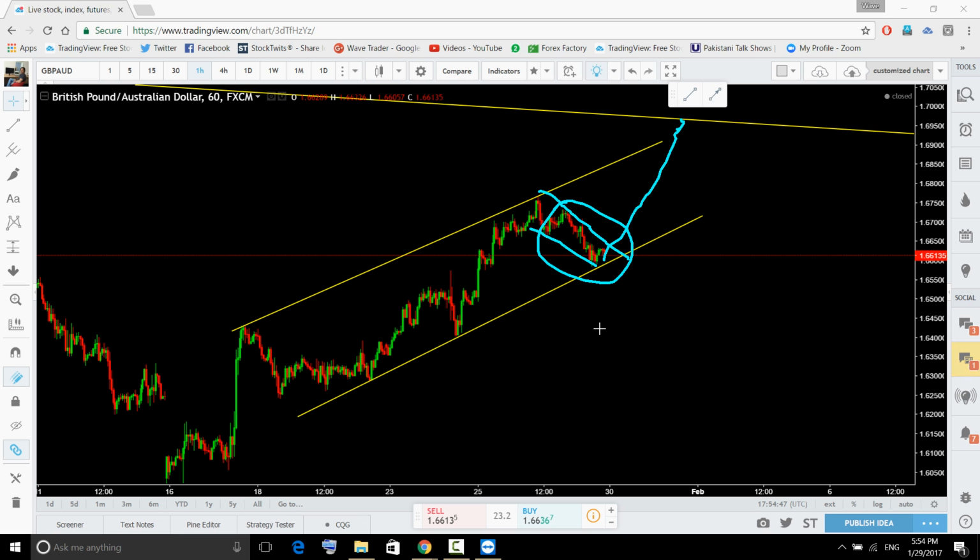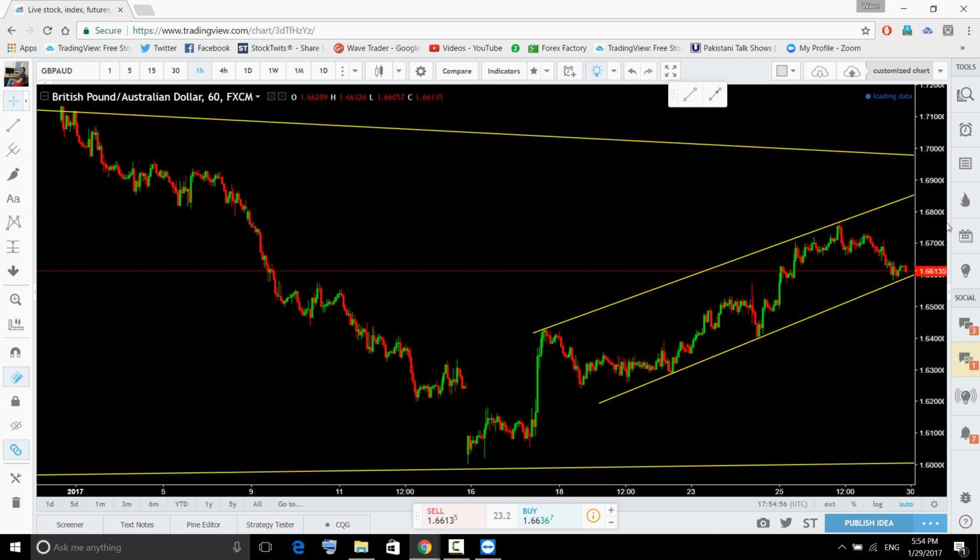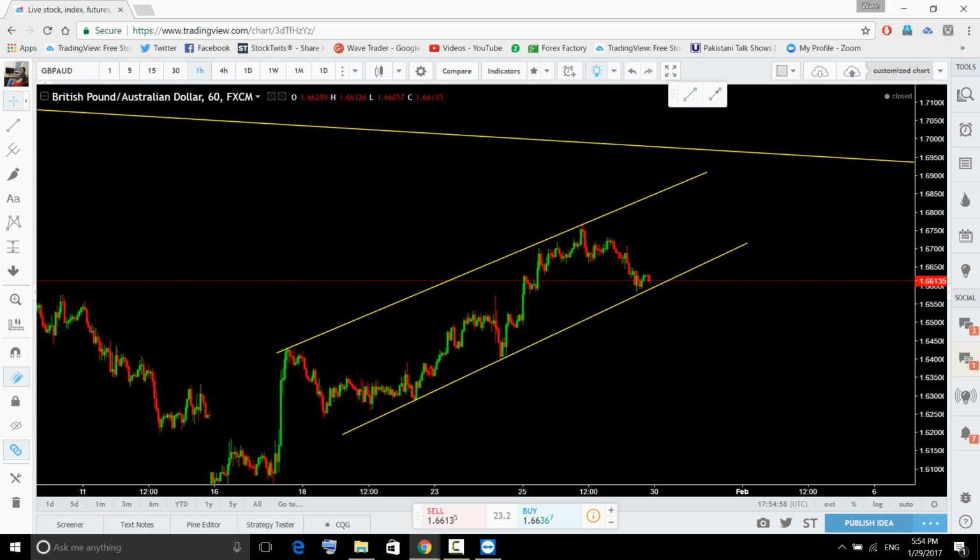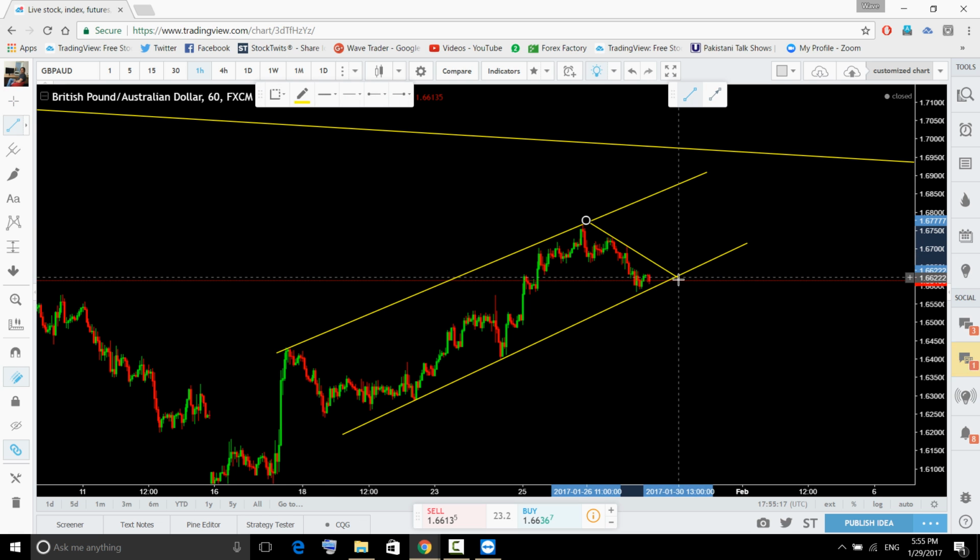Now we can see this continuation pattern here, we can look for buy. Okay, so the up move is still there, the potential is there, and once price hits the top we will look at price action, whether it's going to continue or not. Okay, so basically this is a trend continuation pattern.